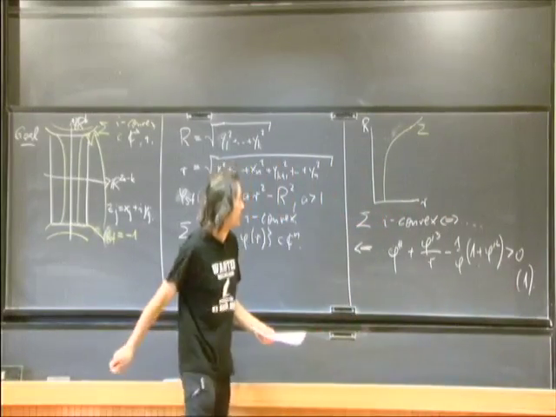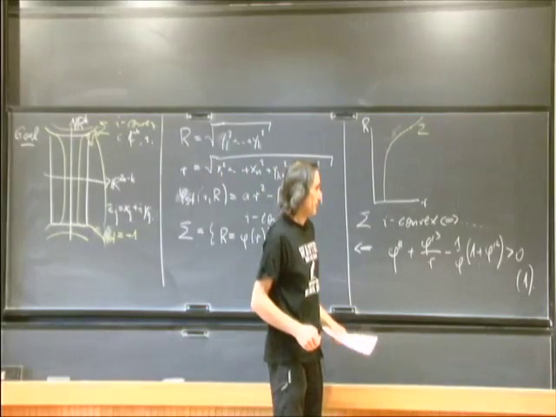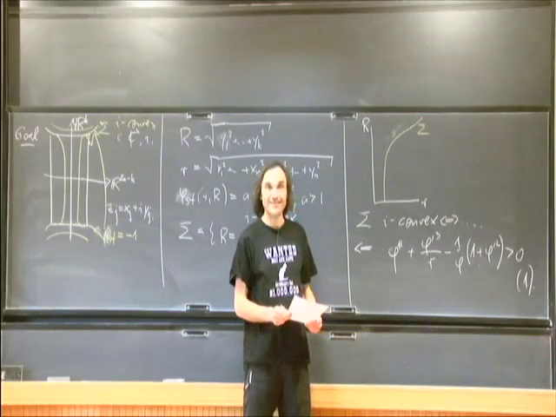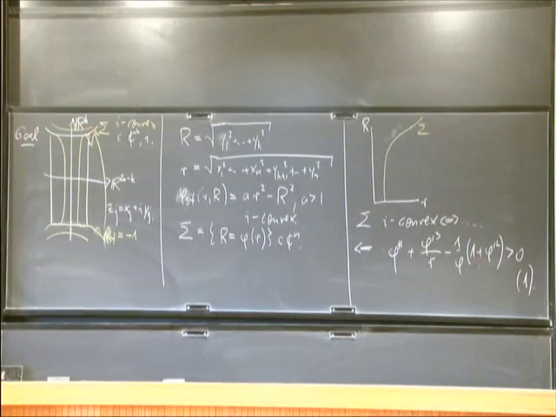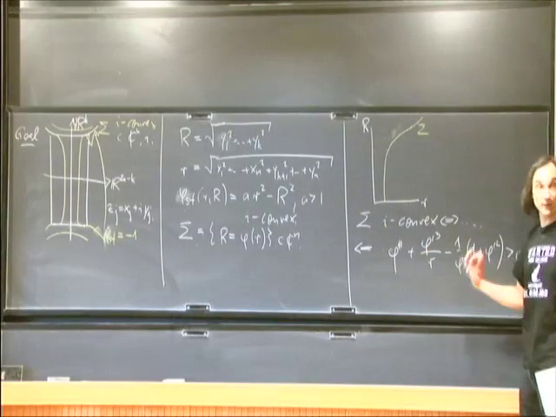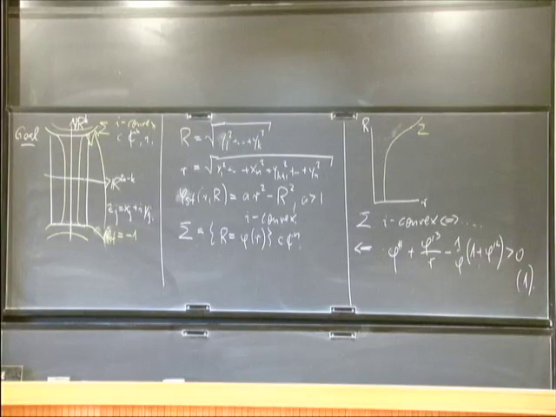Okay. So this is nice, right? It's some differential inequality for a function of one variable, and you just need to solve it. And surprisingly, this is not entirely easy. Well, okay, it doesn't look so bad, but okay.